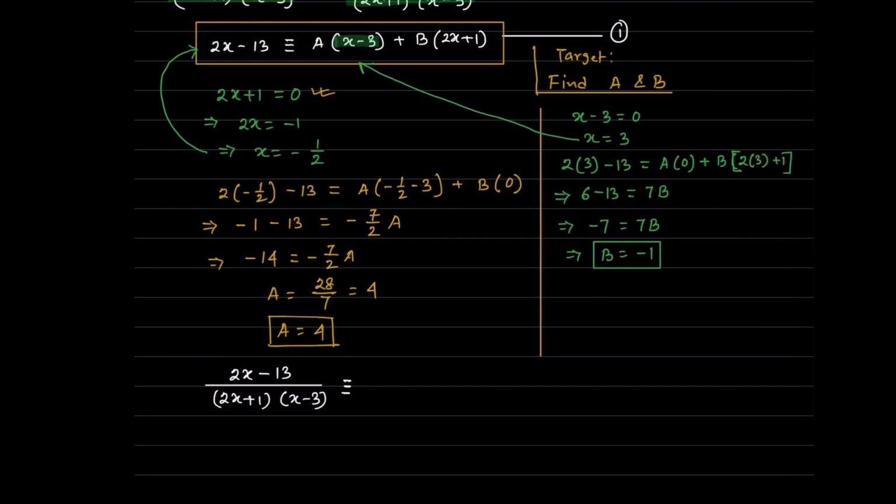This is identical to, what is our a value? 4. So that is 4 by 2x plus 1, not plus, this is minus because b value is minus, so we have b is minus 1, so minus 1 by x minus 3. So that is our final value for this partial fraction.